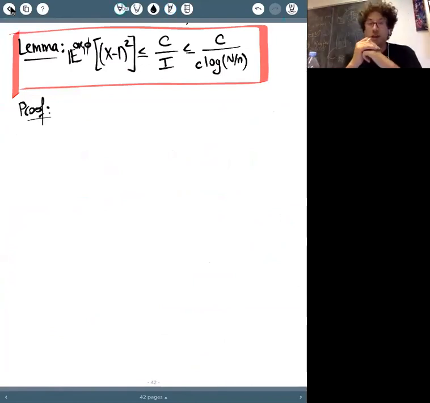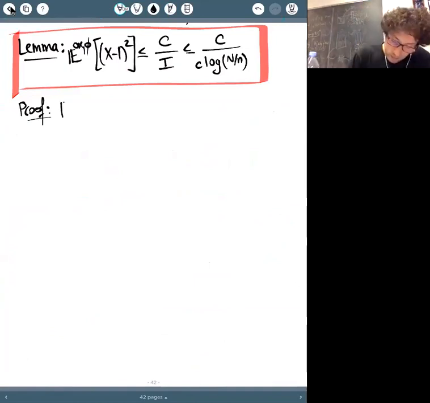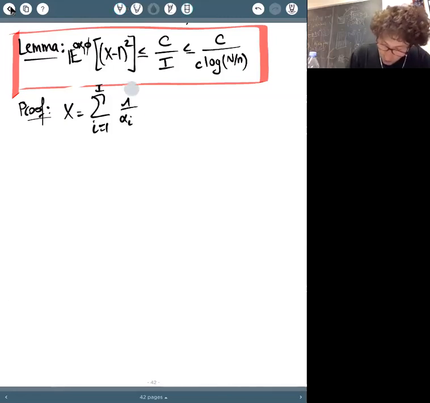Why is x very close to 1? Okay, first thing, maybe I should remind you what x is, and I should remind myself also what x is. So x is the sum over I equal 1 to capital I. There is a 1 over alpha I. I'm going to even write what it is.